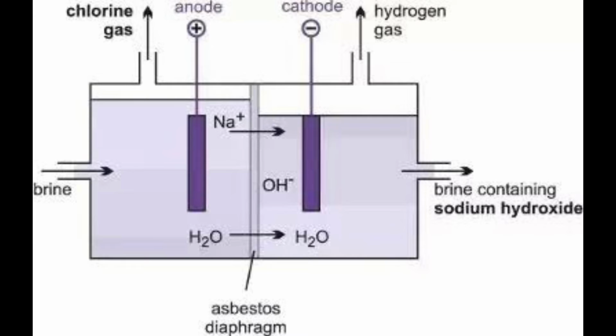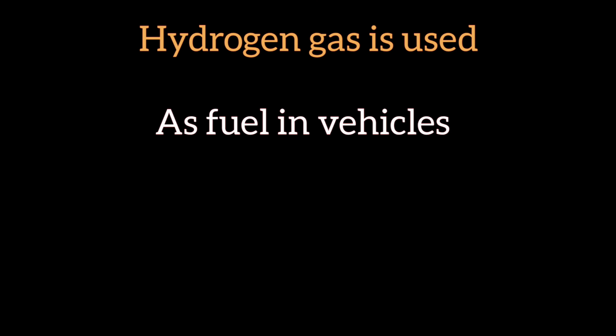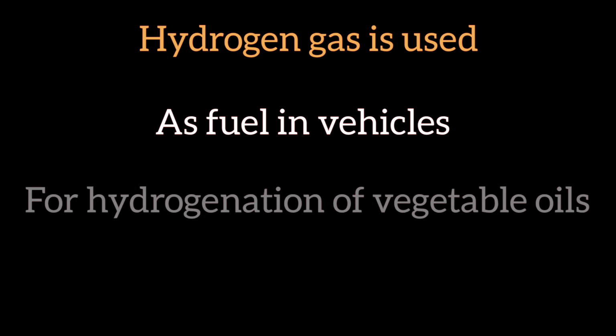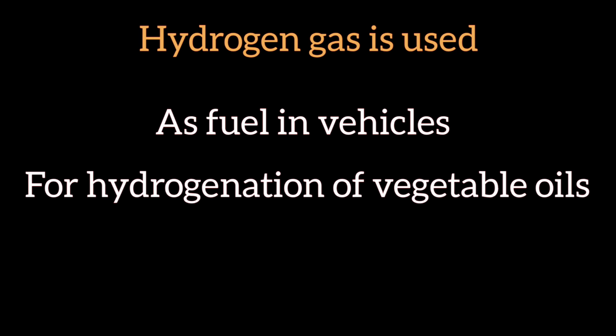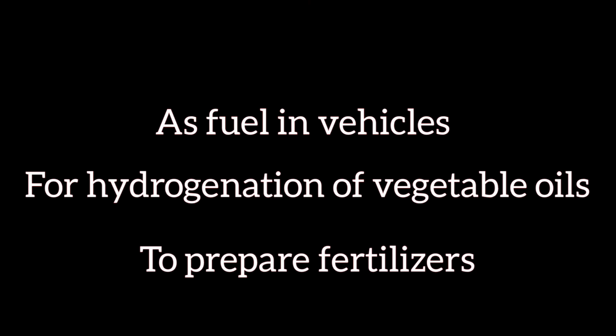Out of these three products, hydrogen gas is used as fuel in vehicles. Hydrogen gas is used for hydrogenation of vegetable oil and turn them into solid saturated fat. Margarine is also prepared by hydrogenation of vegetable oil. Hydrogen gas is used to prepare fertilizers also.